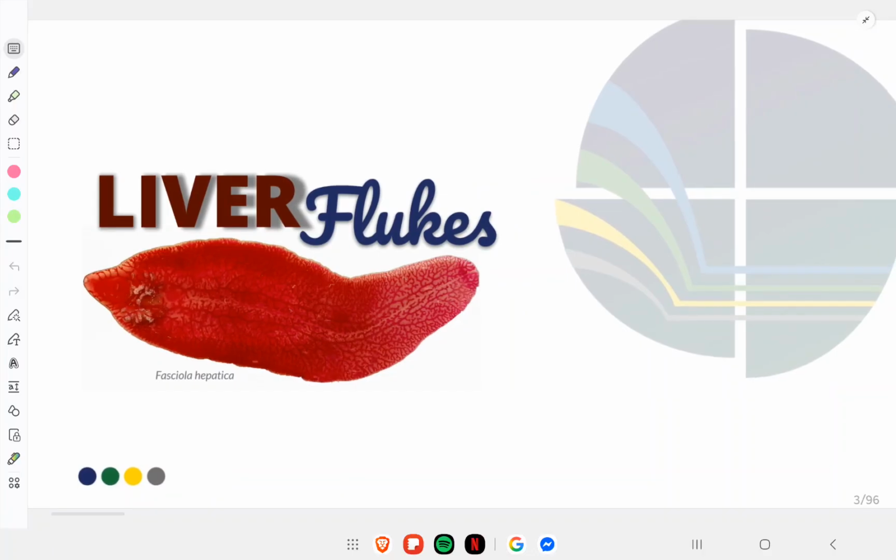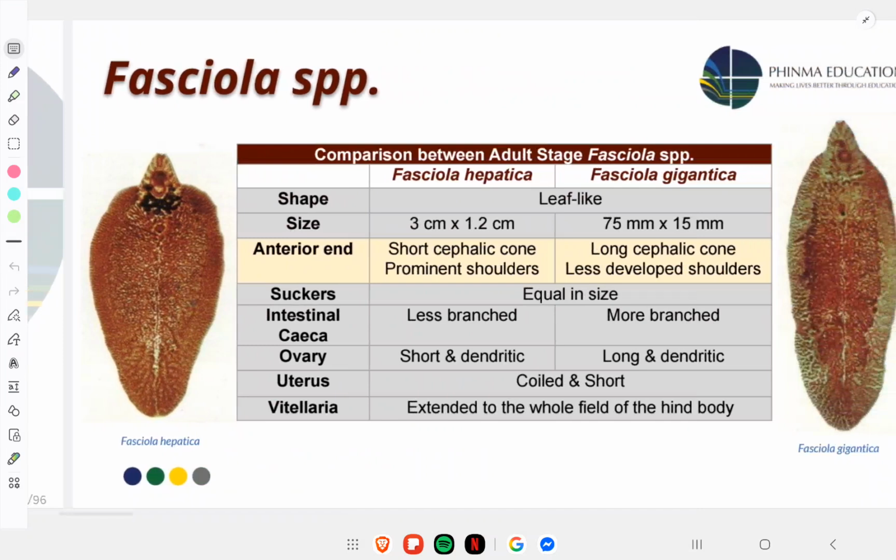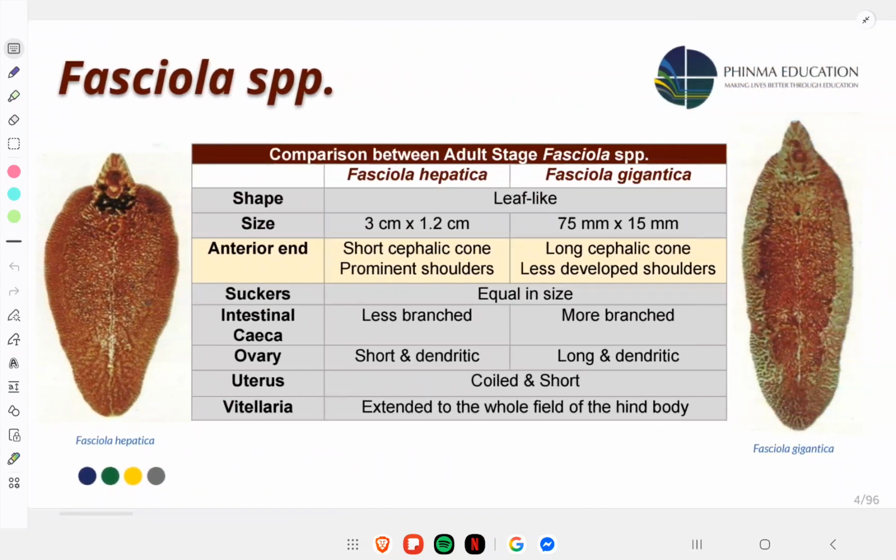So the first group of hermaphroditic flukes that we're going to discuss are your liver flukes, or the flukes that inhabit your liver. So the first group would be your Fasciola. The most common Fasciola species that could infect humans are your Fasciola hepatica and your Fasciola gigantica.